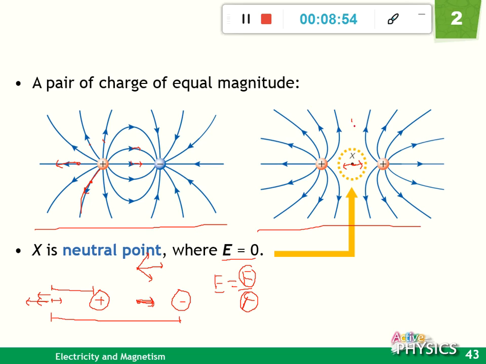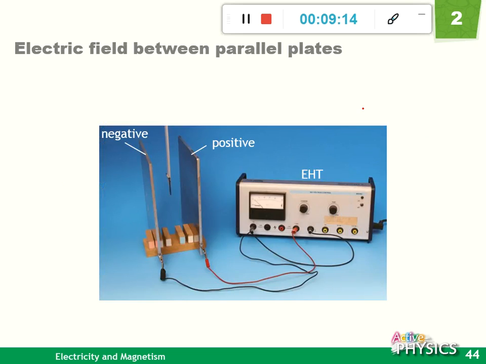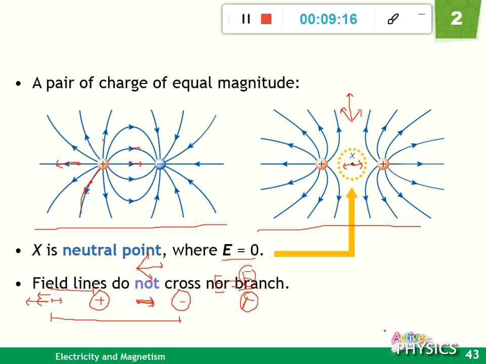How about this position? Positive. Then the resultant should be in outward direction, and then far away. Okay? Here, field lines do not cross or branch. What is the meaning? It means that they cannot do it like this.